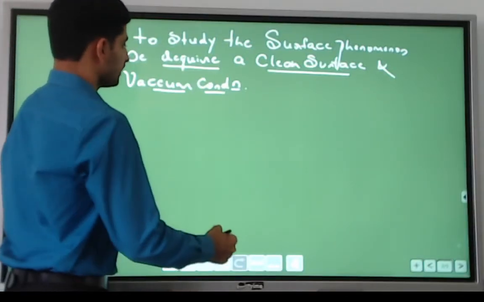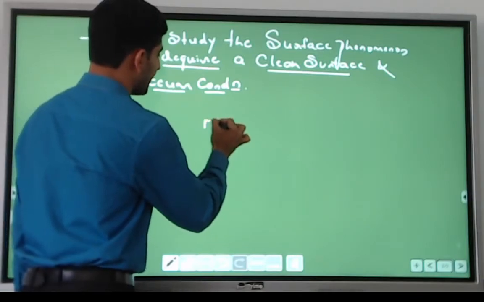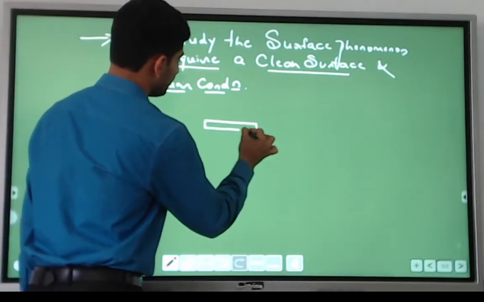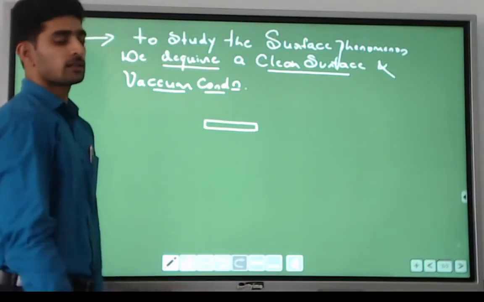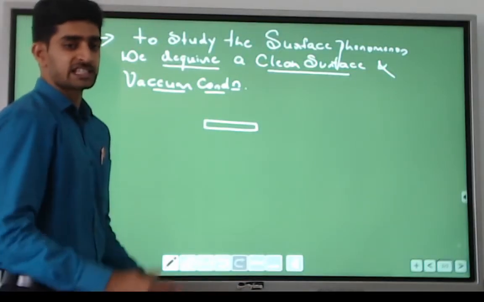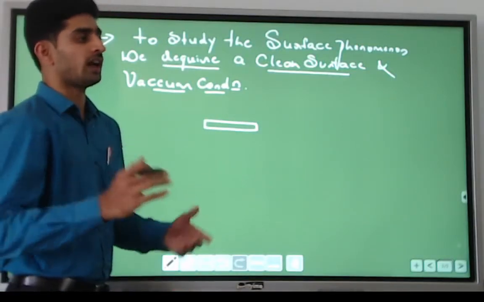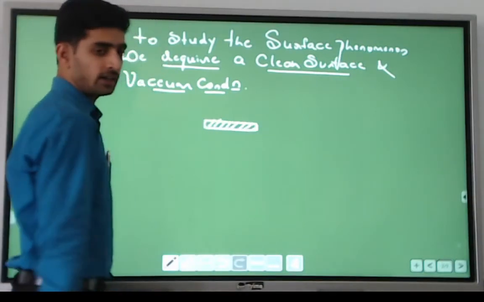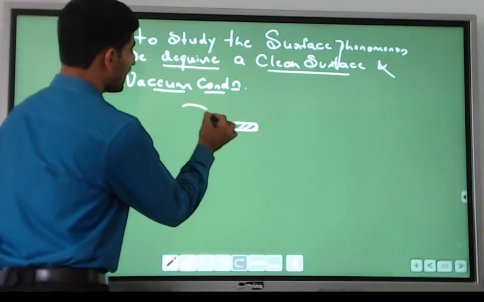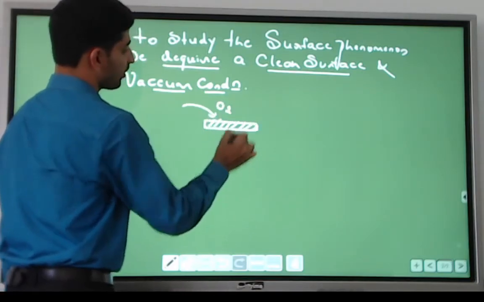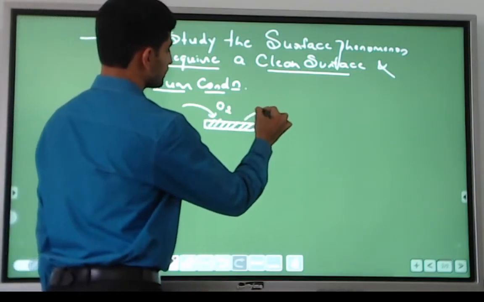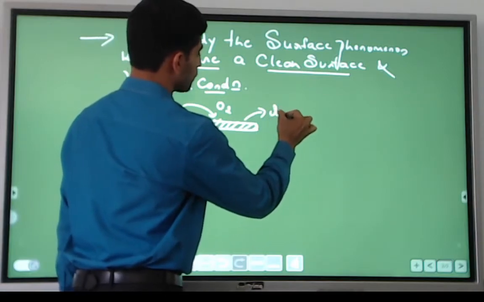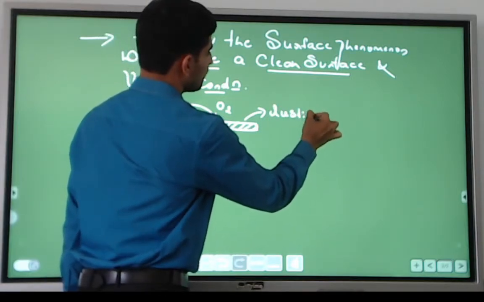Why? If I consider an iron material and allow it to be exposed to the outer environment, due to the action of gases like oxygen, what is going to start developing? The rusting process starts developing right here.